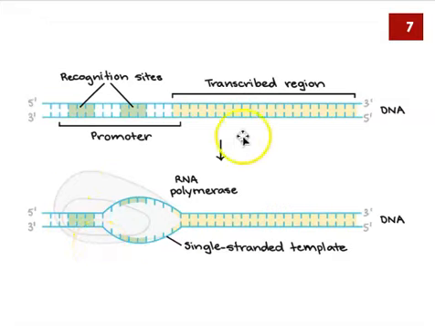So on the bottom part of the slide, what we can see is that our double-stranded DNA molecule has been opened up in that regulatory area, in this area that is upstream of the protein coding area. And I think you can just make out this ghostly gray drawing behind the DNA that represents the RNA polymerase enzyme.